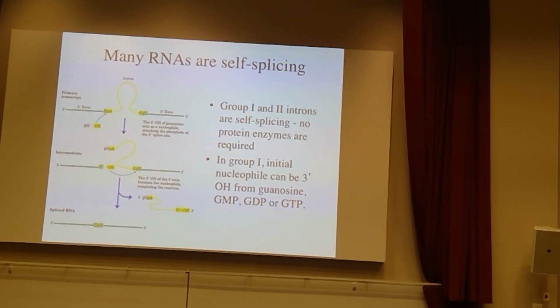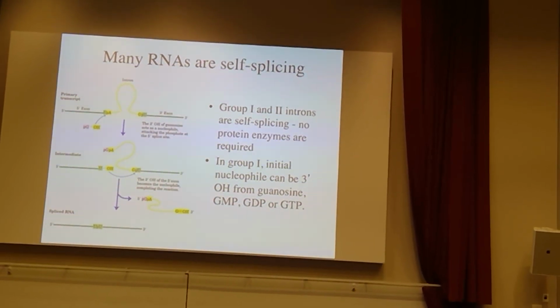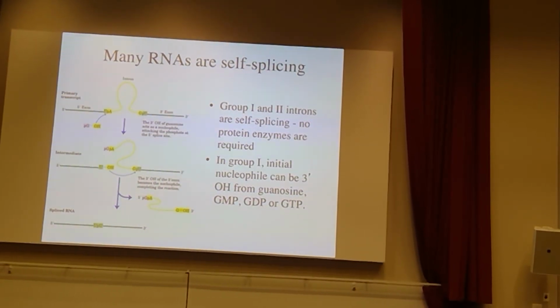Once we have that initial nucleophilic attack established, we've generated a new 3' hydroxyl right at that site. Now we have that 3' hydroxyl at that exon. That can be used as a nucleophile to carry out another attack on the other end of the intron.